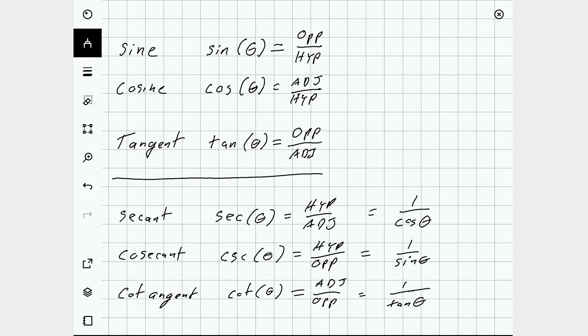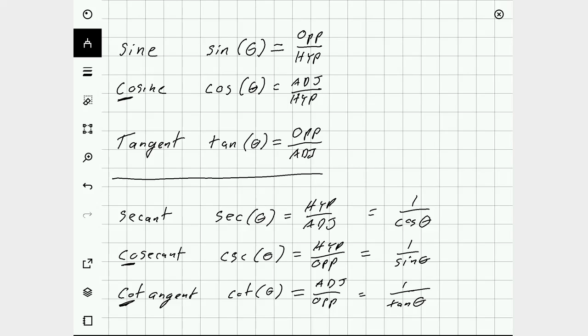The last thing I want to mention about the names of these ratios is take a look at the three ratios that start with co. And look at the same ratio that doesn't have that co in it. Notice that if hypotenuse is in the ratio, it's in the exact same place. If opposite is in the ratio, it got replaced with adjacent.